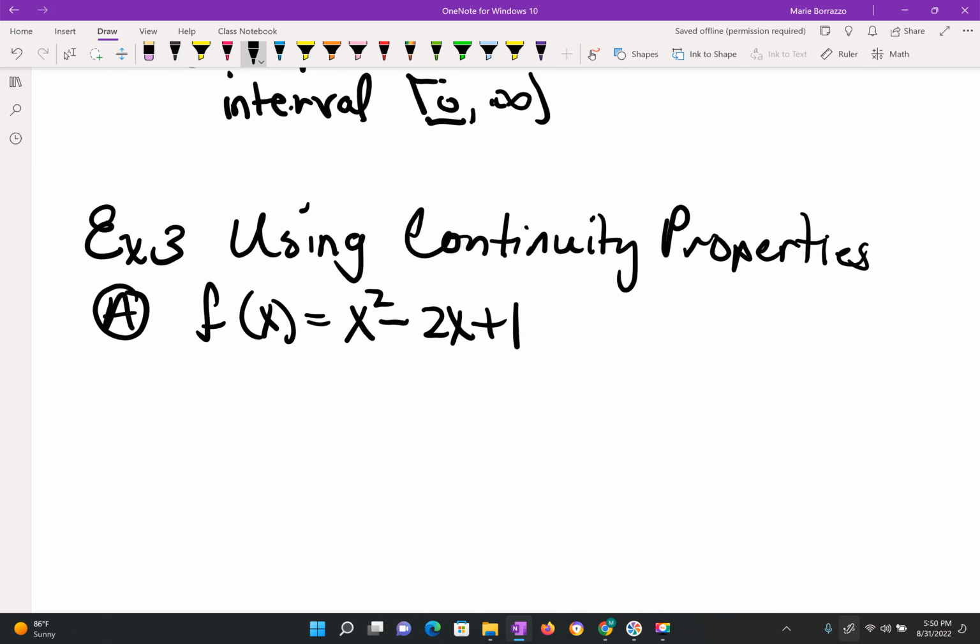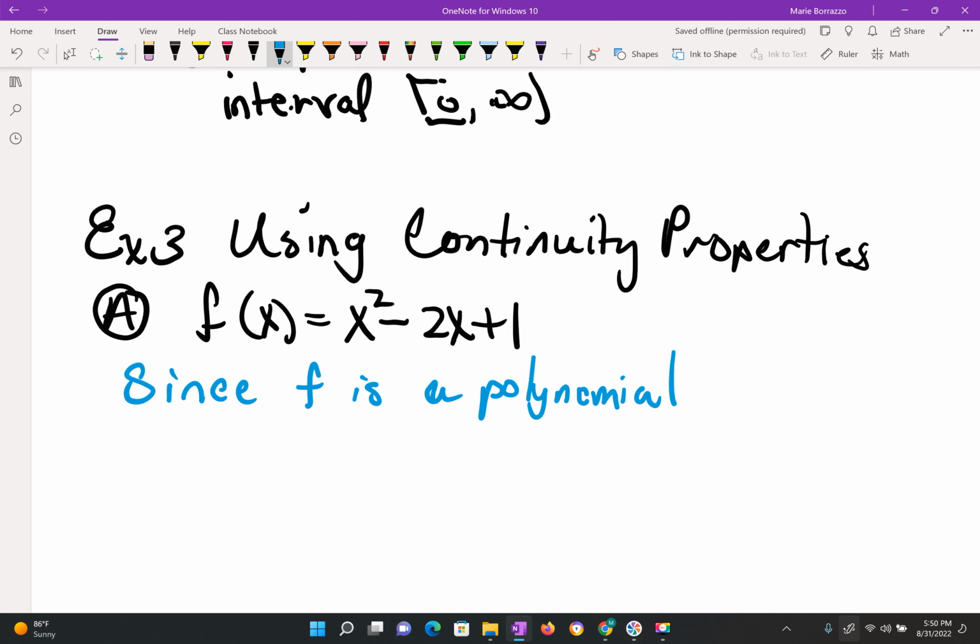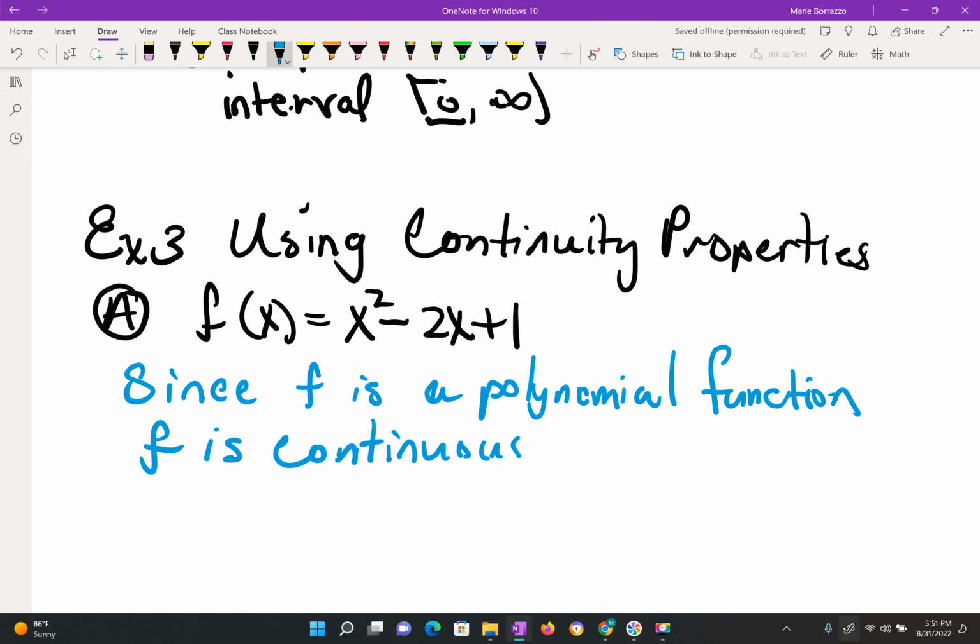So continuous for all x. So we would say since f is a polynomial function, therefore f is continuous for all x.